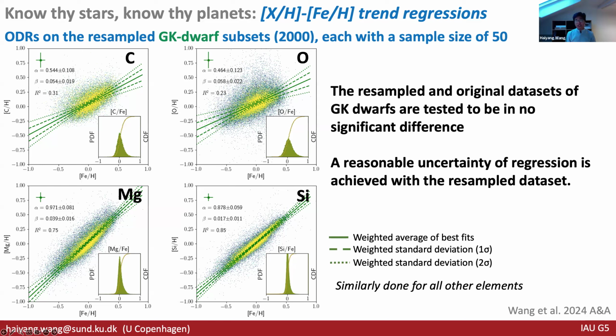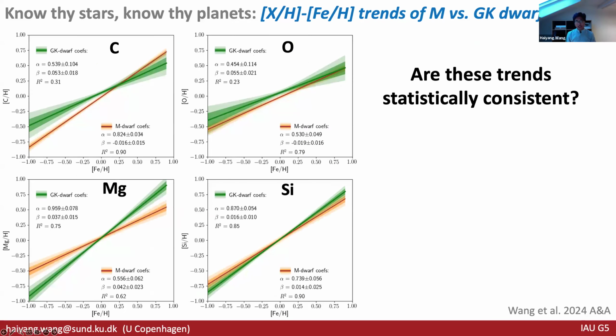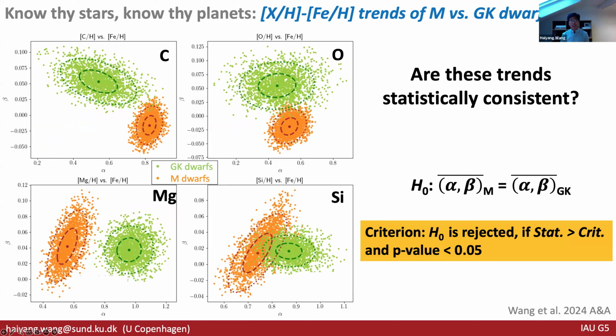So with these different techniques applied to the samples to get a trend, we would be able to ask: are these trends statistically consistent or not? This can be translated into understanding if the fitting parameters of the two sets of trends are consistent, with the hypothesis that, for example, alpha and beta would be identical.